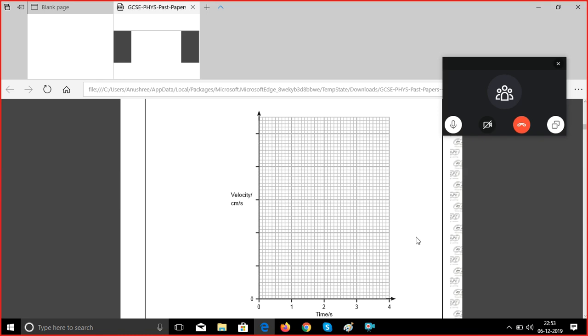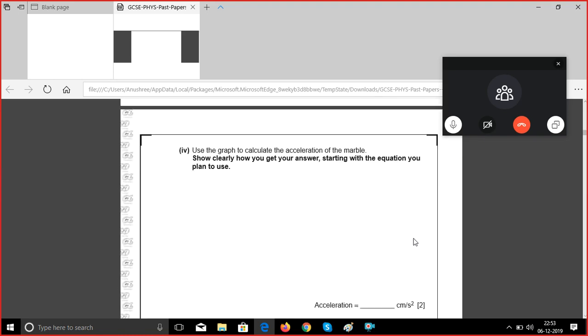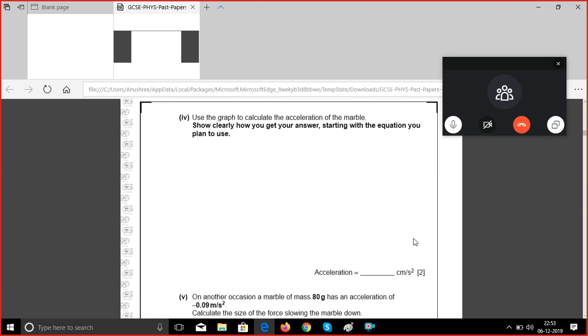Okay, I've done that. Now use the graph to calculate the acceleration of the marble. So acceleration is v minus u over t.